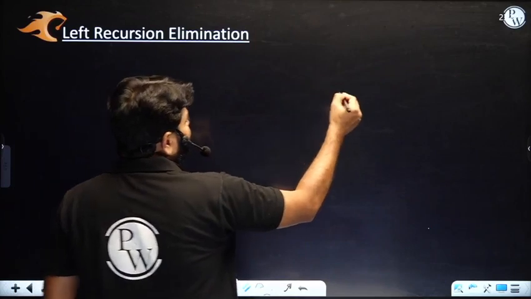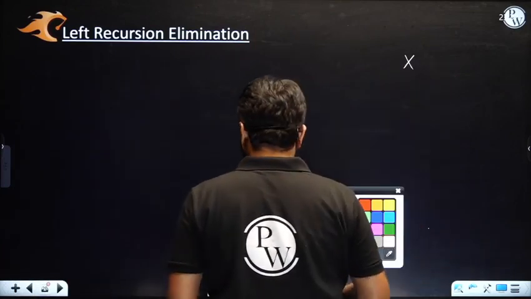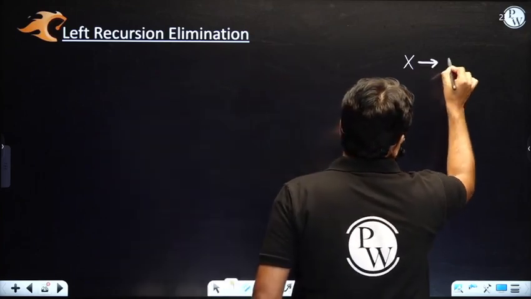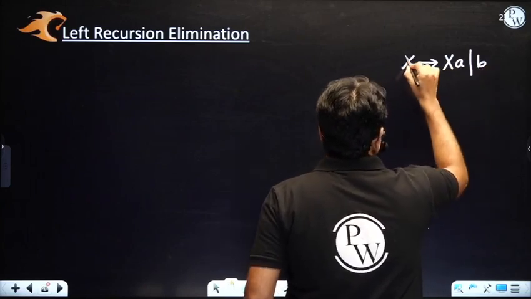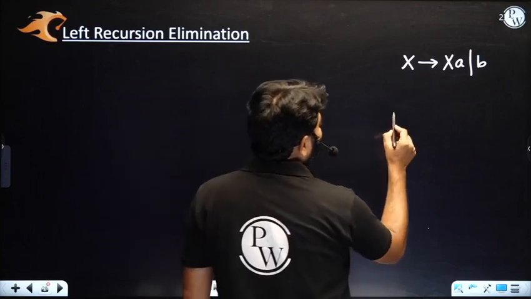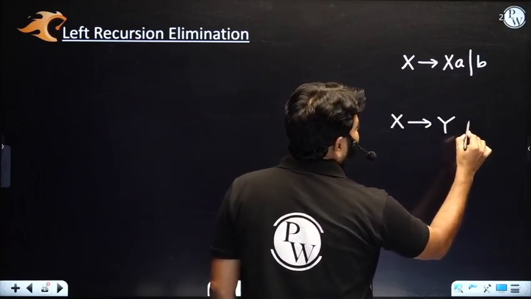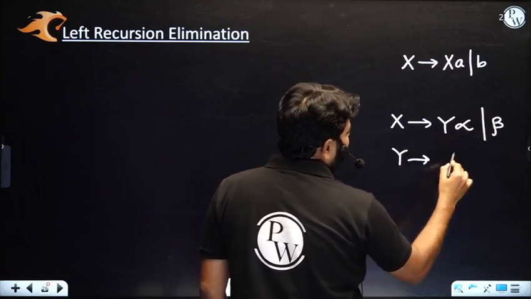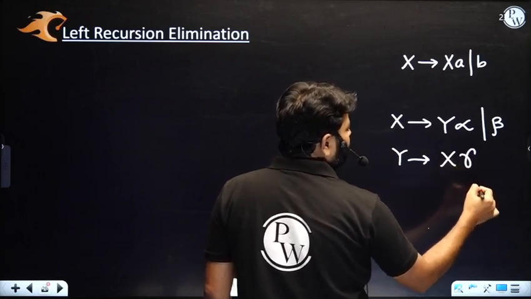What is left recursion? In case you have something like this, X arrow, let's say, X A or B. It's called direct left recursion. Sometimes indirect left recursion, like X derives Y followed by some alpha or beta, and the Y you might have X followed by some gamma or something like that.